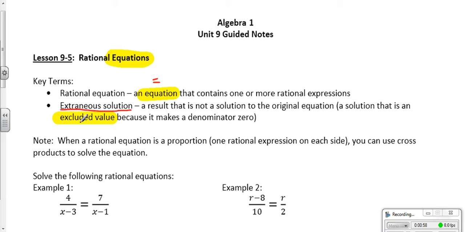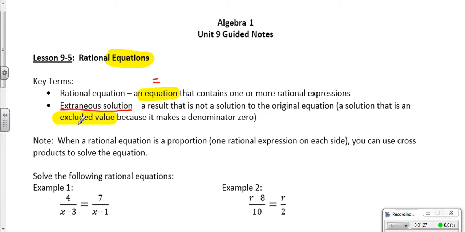So we know that an excluded value is a number that would cause a denominator to become 0, therefore undefined. And we know that we cannot have that value in there because it causes, again, the denominator to be 0. So if you were to solve and get a number that happens to be at the same time the excluded value, we would call it an extraneous solution.